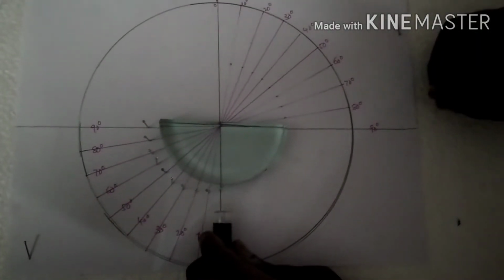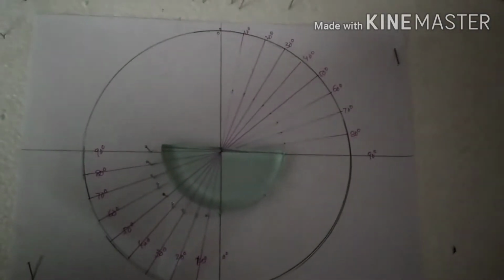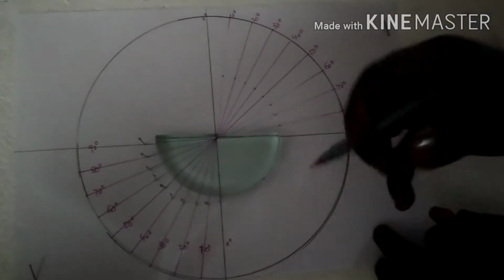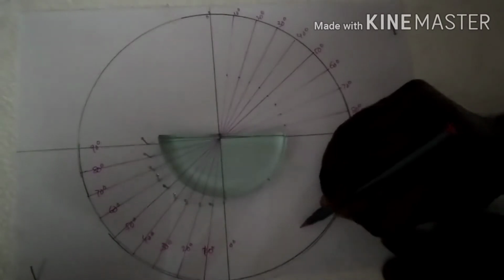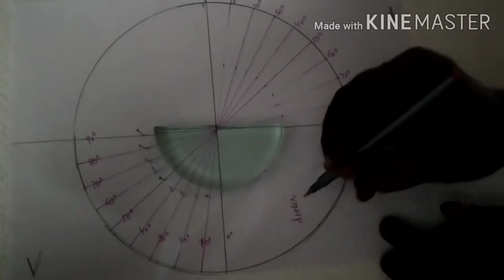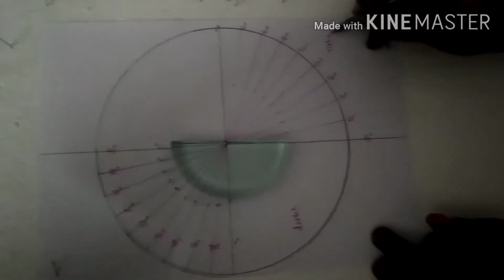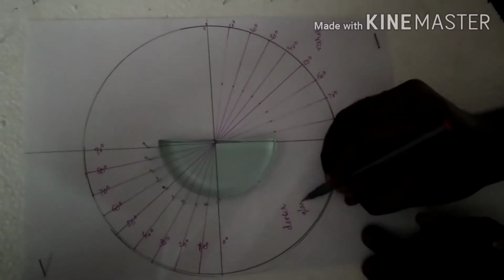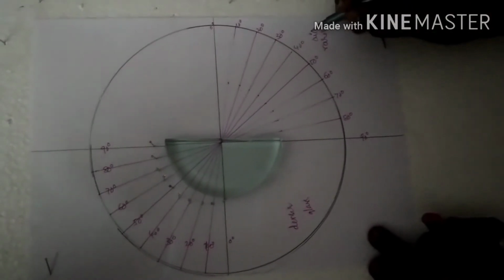In this video, we are going to learn the properties of light when it travels from a semicircular shape, that is from denser to rarer, from glass to air.